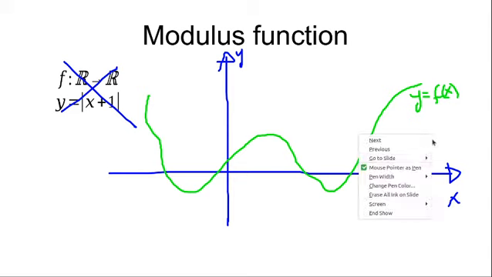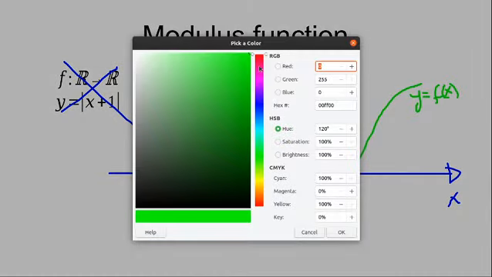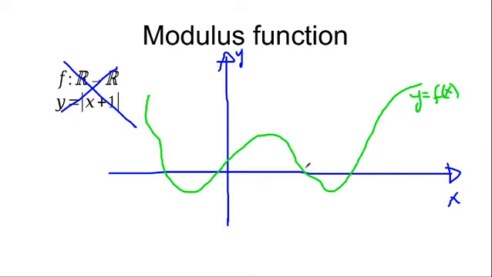You can see the x-intercepts here and here. Let me call them a, b, c, d.